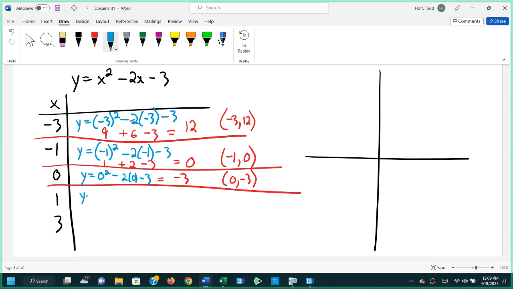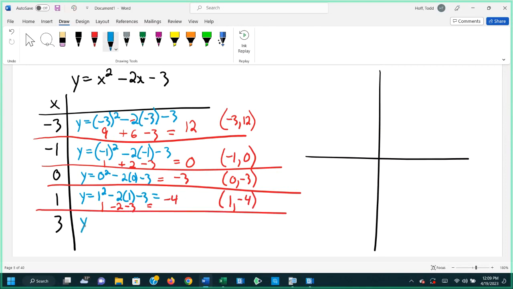Here, when x is 1, y would be 1 squared minus 2 times 1 minus 3. 1 squared is 1. Negative 2 times 1 is negative 2 minus 3. 1 minus 2 is negative 1 minus 3 is negative 4. So when x is 1, y is negative 4.